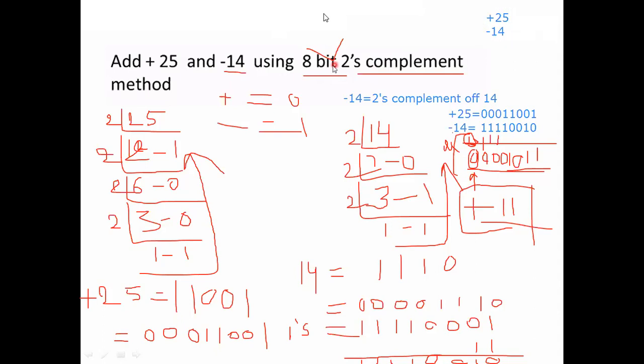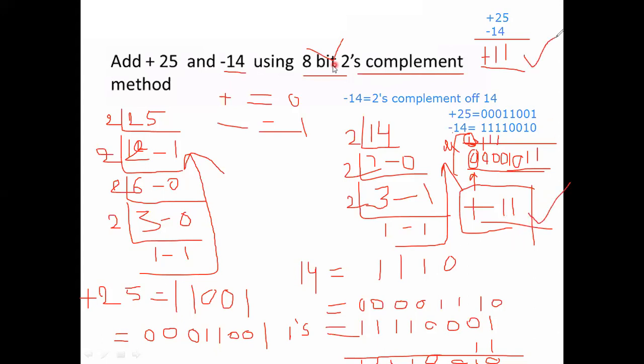From this only we know the answer. 5 minus 4 is 1, 2 minus 1 is 1. Whatever the biggest number here, 25 is the biggest number, for that the plus sign will be there. So the result will be plus 11. So are you getting the same result by using signed bit addition?